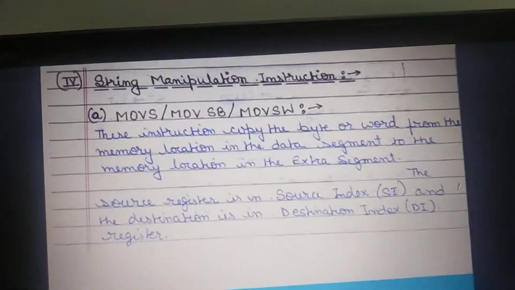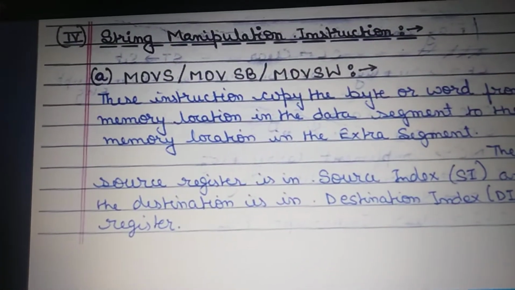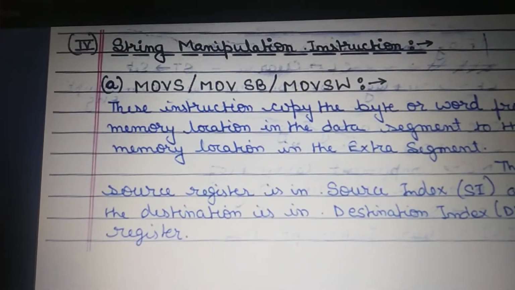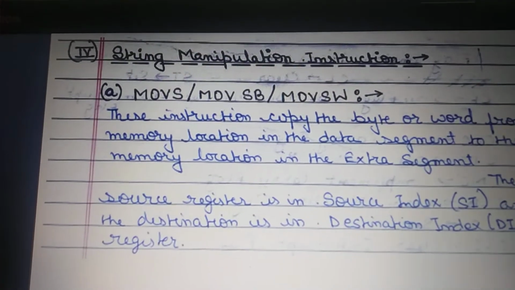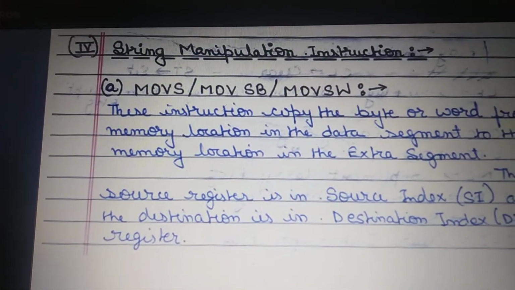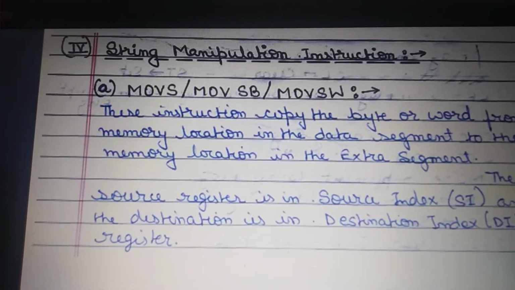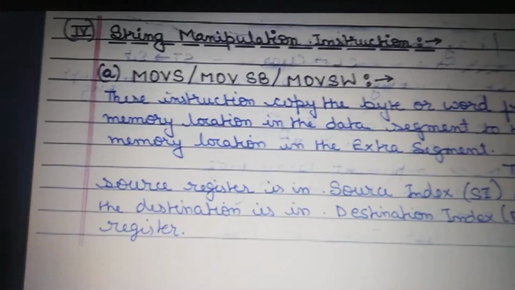Now we will move on to the next category of instruction, called string manipulation instructions. What is a string? A string is a set of bytes or words, a group of bytes or words, and string instructions are used for serial data transfer. There are some string instructions which are used in 8086.